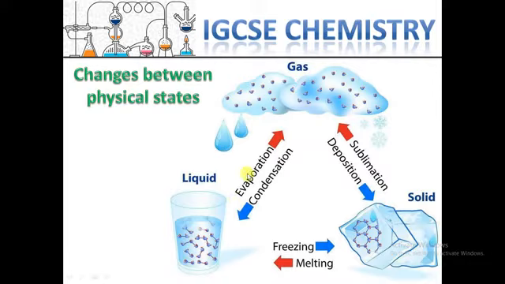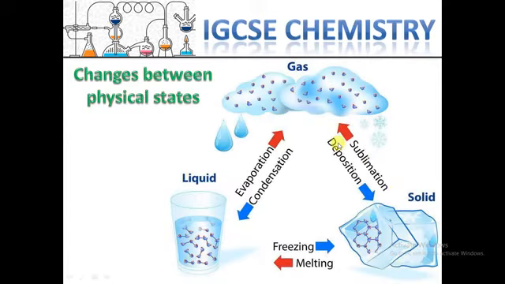That is called evaporation. And condensation is like rain, changing from the gas in the cloud to the liquid form.